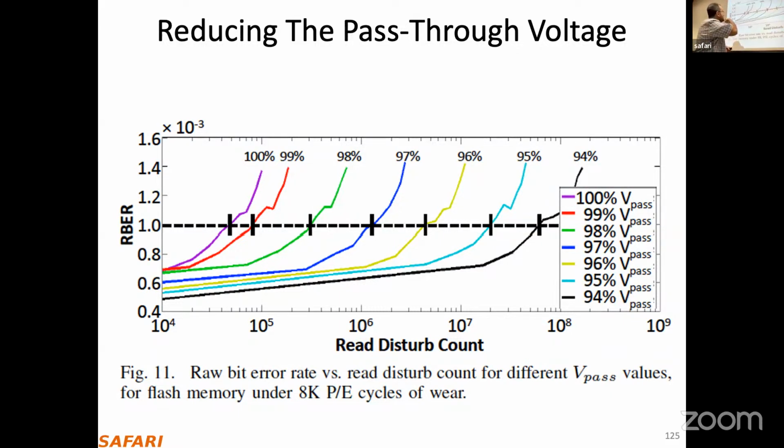When we reduce the pass-through voltage from 100%, which is the nominal VPass, by only 6%, to 94% VPass, we can significantly reduce the number of errors.